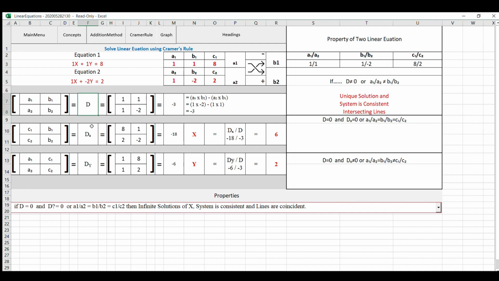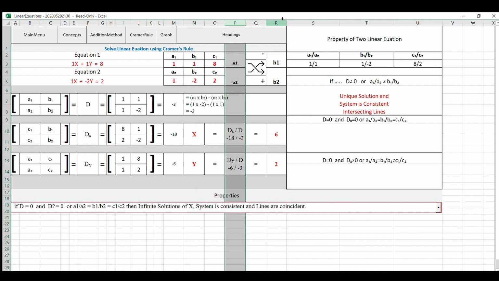So this is the way you construct 3 matrices, one for determinant d, one for determinant dx, and one for determinant dy. Perfect. Now you replace these values of a1, a2, b1, b2. In this case it is 1, 1, 1, minus 2. In this case it is 8, 1, 2, minus 2. Here it is 1, 8, 1, 2. Fantastic.